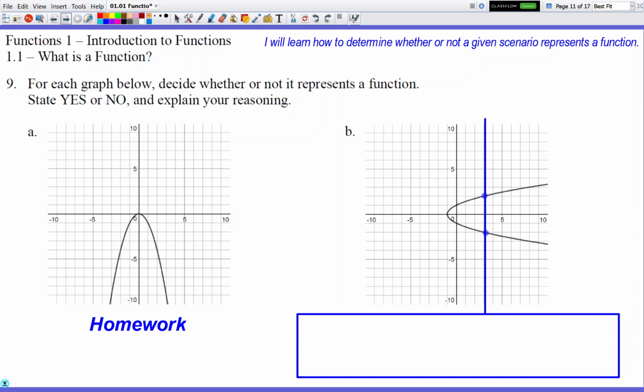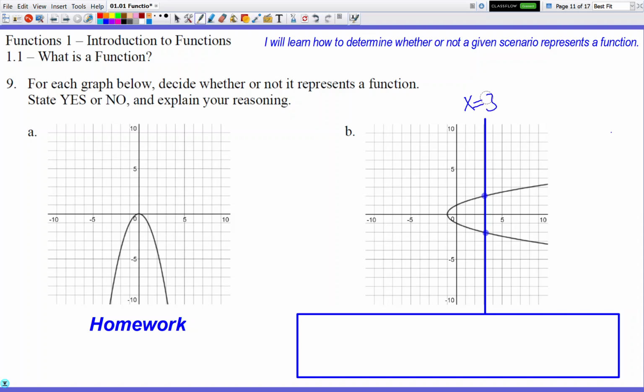You have to remember, your x value is your input and your y value is your output. So what is the x value of this blue line? This blue line has all the same x values because it's a vertical line. So what is the x value for this entire blue line? Hopefully you say the x value of this blue line is 3.